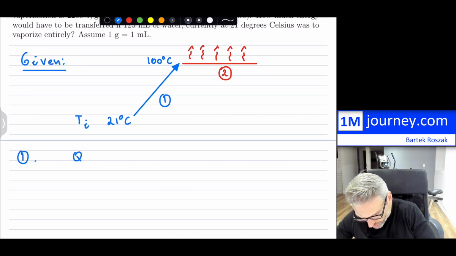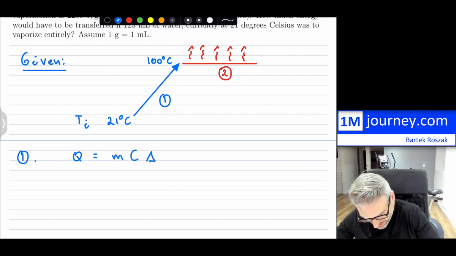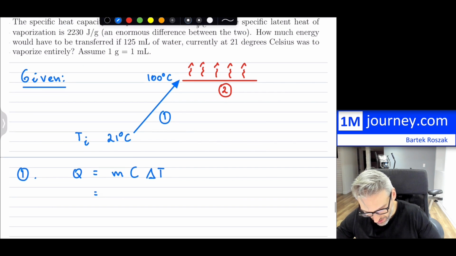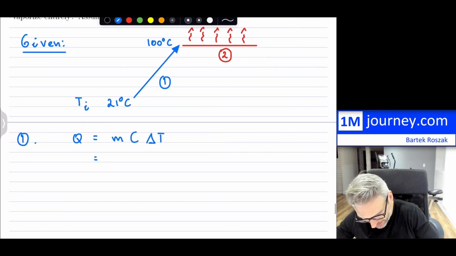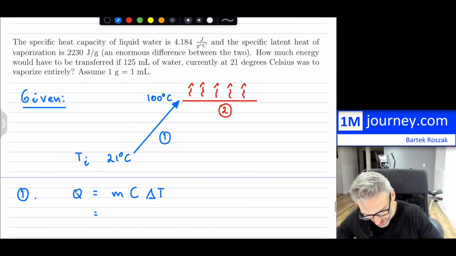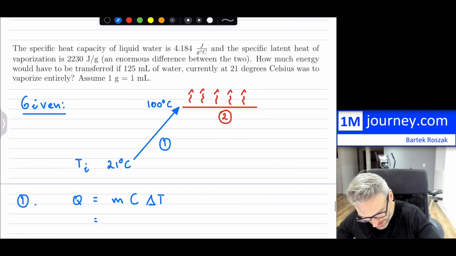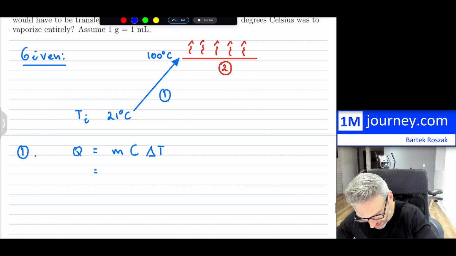So we need Q equals mass times specific heat capacity times the change in temperature. The mass we had was 125 milliliters, which is the same thing as 125 grams. Now, notice that specific heat capacity is per gram, so I'm not going to change this to kilograms.